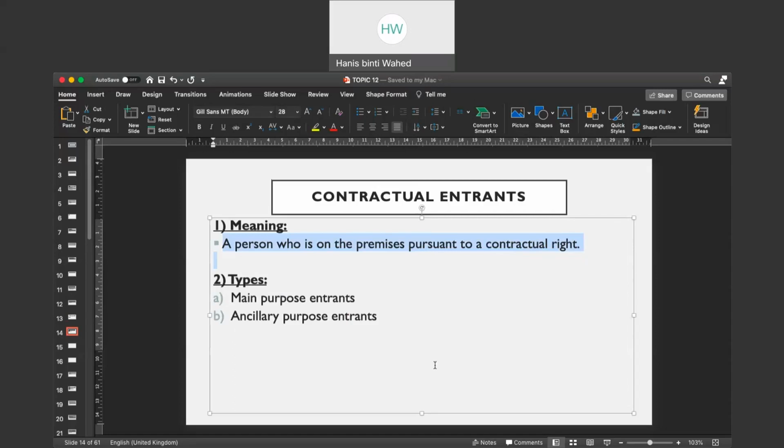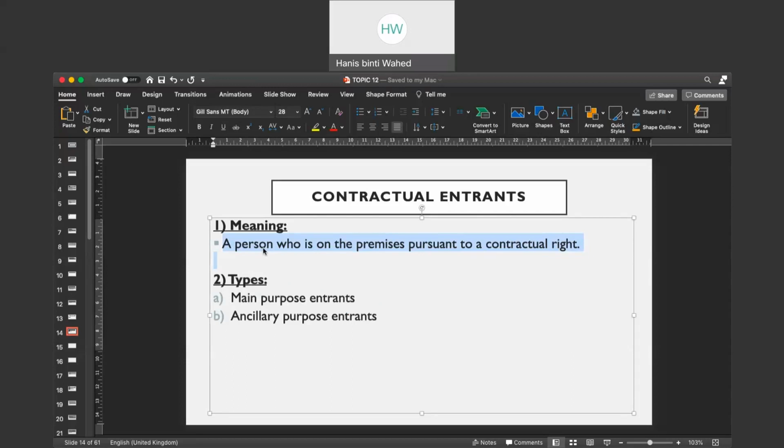Then you need to know that the occupier owes a duty of care to make sure that the premises are safe for the purpose for which the contractual entrant enters the premises. It means occupiers owe a duty of care as stated in the contract between them.